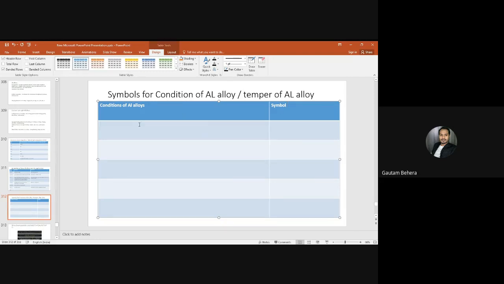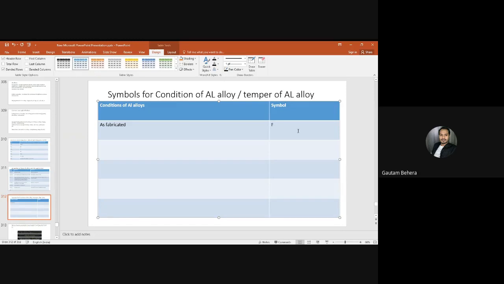So first, suppose you want as fabricated aluminum alloys. As fabricated aluminum alloy symbol is basically F.